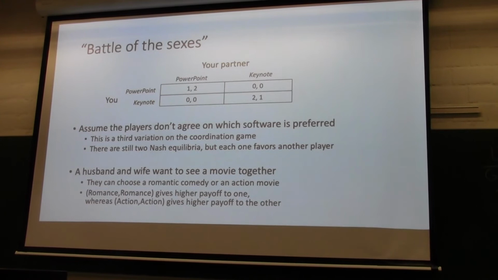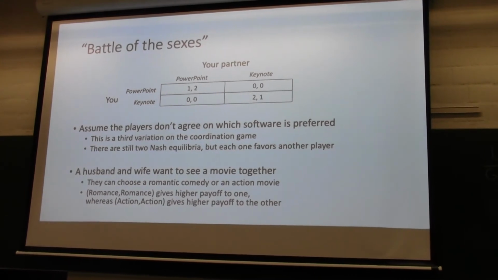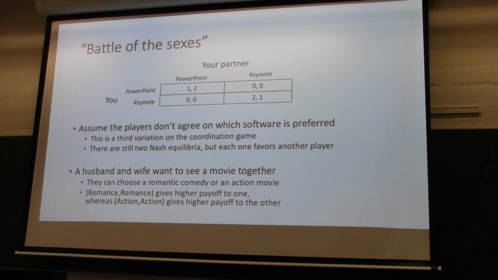This is a very famous problem called Battle of the Sexes. Husband and wife want to see a movie together. They can choose a romantic comedy or an action movie. Of course, the husband loves romantic comedies, and the wife prefers Fast and Furious or something, an action movie.